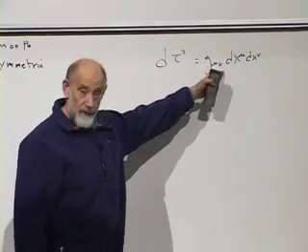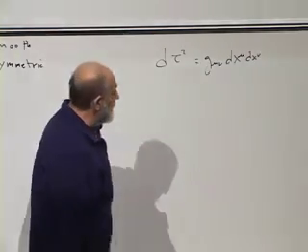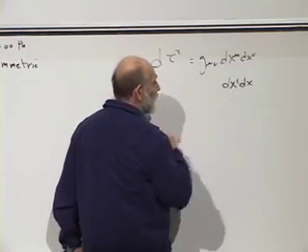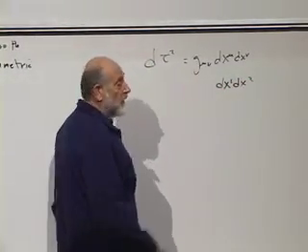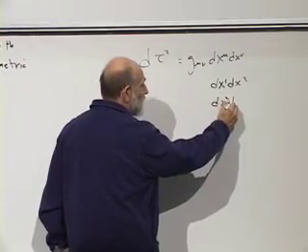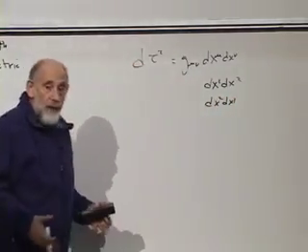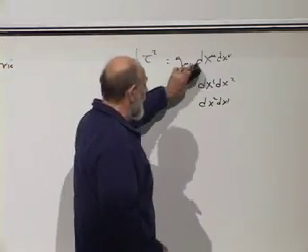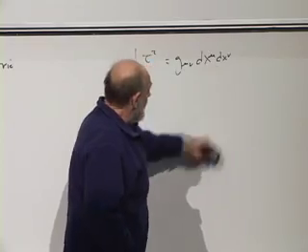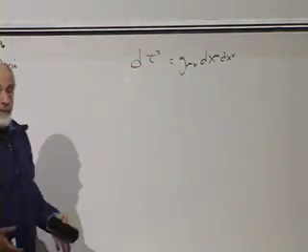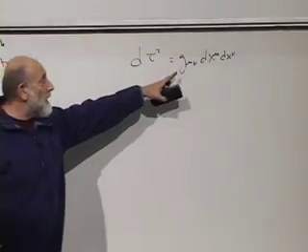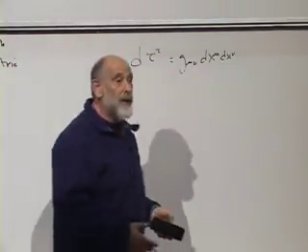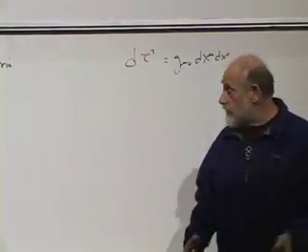You would get 0 from this, because the coefficient, for example, of dx1 dx2 would be opposite to the coefficient of dx2 dx1. But they're the same thing, the product dx1 and dx2. So if it was antisymmetric, you wouldn't get anything. Only the symmetric part of g mu nu will contribute. So you might as well say that g mu nu is symmetric.